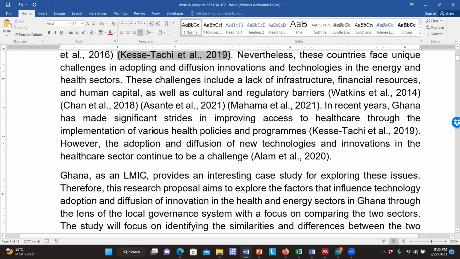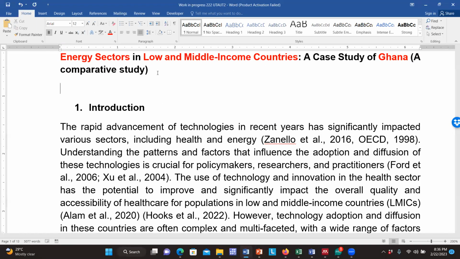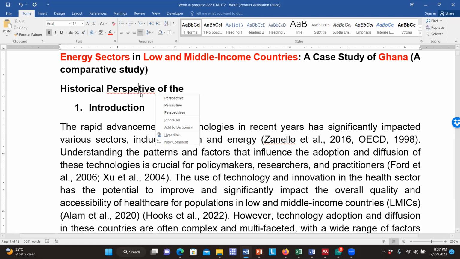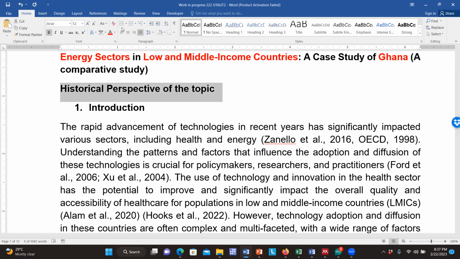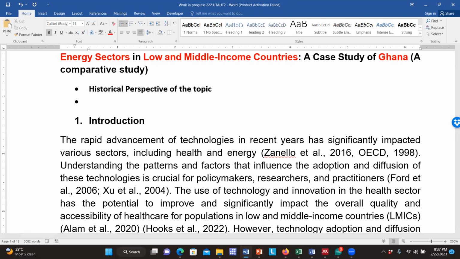So let me give the guide here whilst we are. So the first one is the historical perspective of the topic. We talked about this, okay, of the topic. Then, and in all this we are using the MEAL, remember.